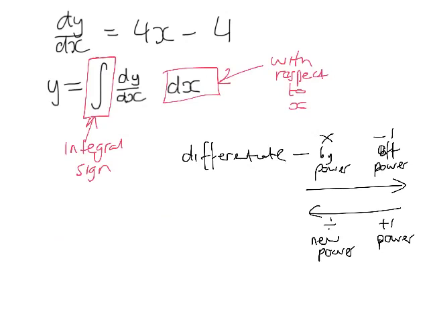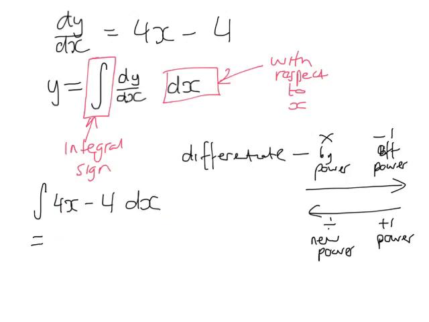So if we want to integrate 4x minus 4, what we're going to do is integrate that with respect to x. Don't forget your dx sign there. So what we're going to do is add 1 to the power of each term. So our first term here, 4x, is 4x to the power 1.